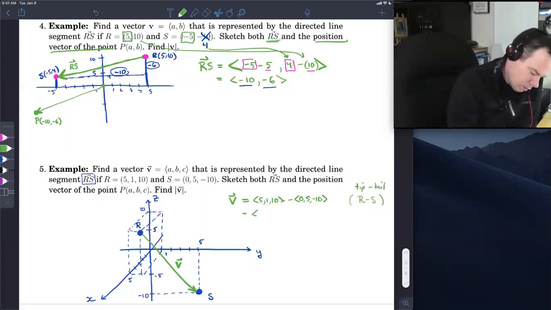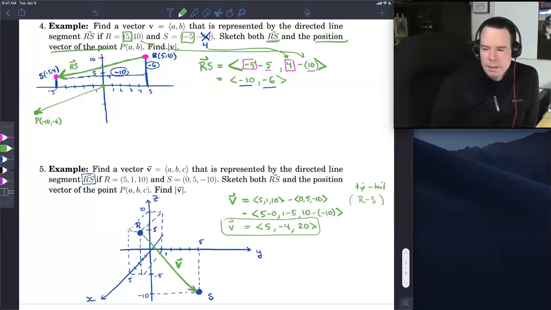Okay, so this is 5 minus 0, 1 minus 5, and 10 minus 10. And so our vector is 5, negative 4, and 20. So that's our vector V drawn.